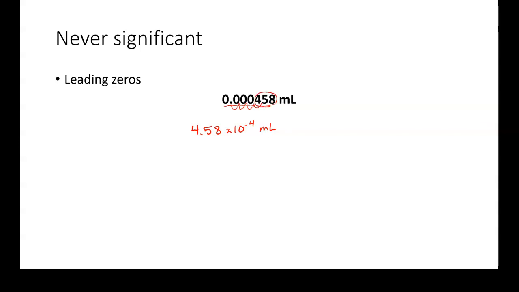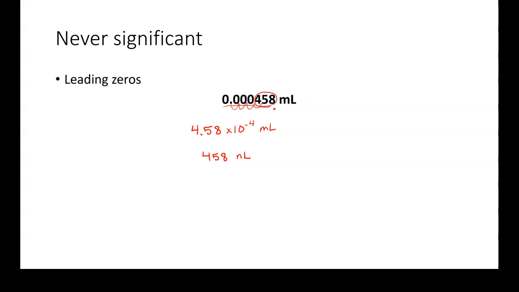I could also use a prefix in the metric system in order to change this. So I could write this as 458 nanoliters, because a nano is 10 to the negative 9th of a liter, and a milliliter is 10 to the negative third.